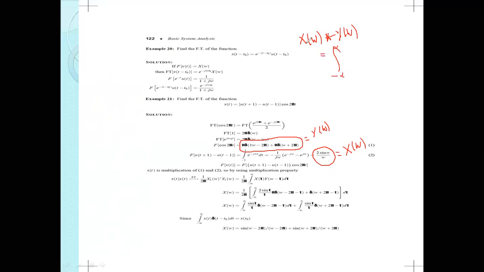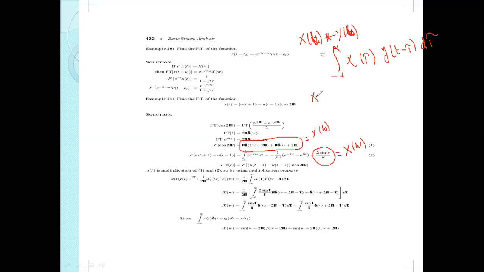Integral from minus infinity to infinity of the convolution of the two functions, X of tau, Y of t minus tau, d tau. Here the function is of omega. Whenever t is there, let it be, without confusion, X of t, Y of t. Then only this is the equation.